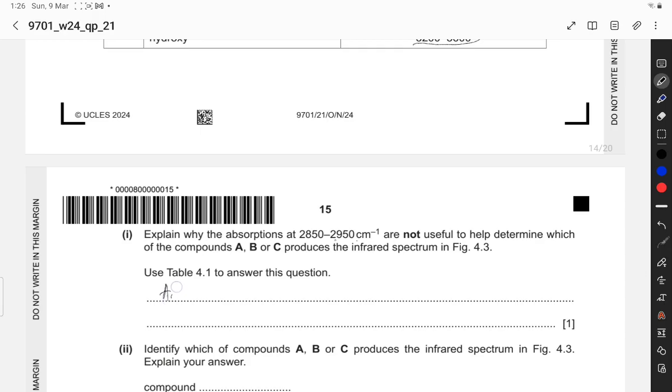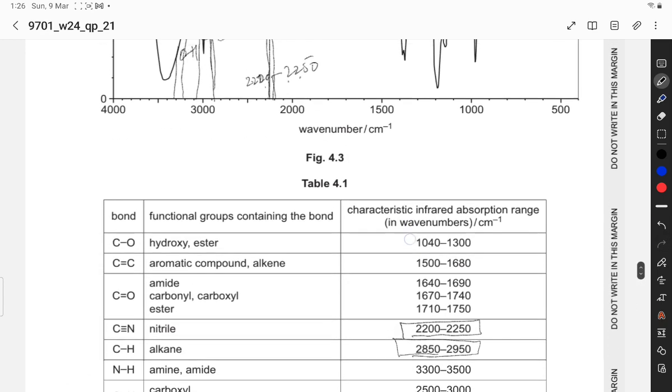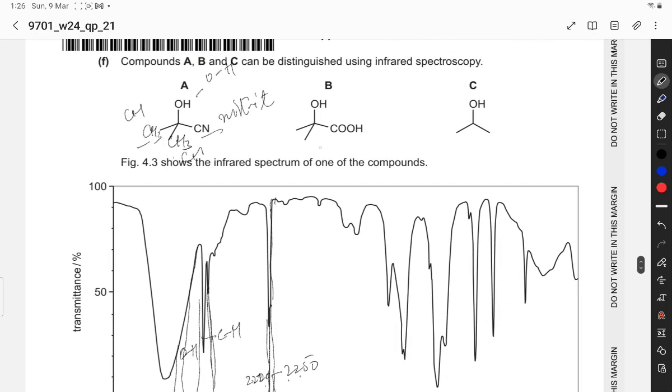All three have a CH bond, so that's why it's not useful to determine which of the compounds A, B or C, because all have a CH bond. This is CH3, this is CH3, this is CH3.